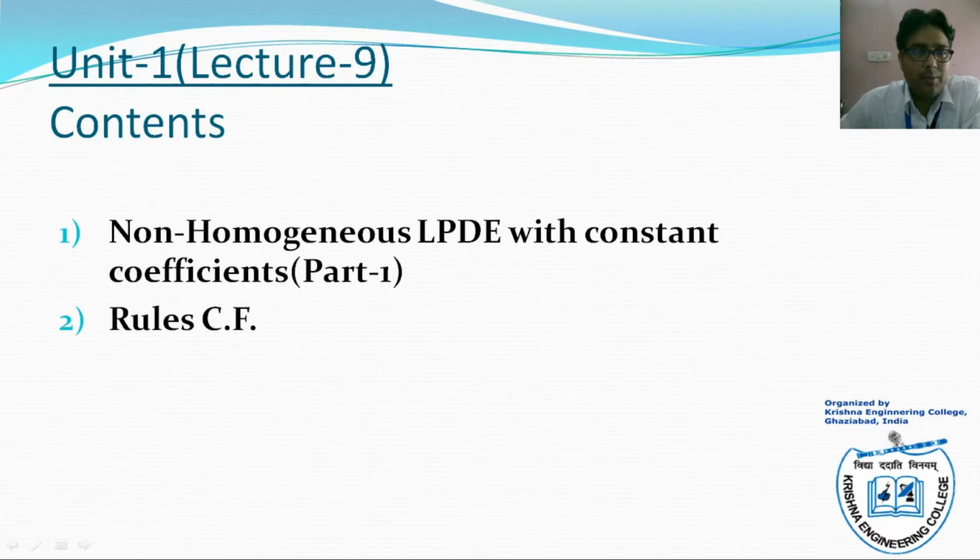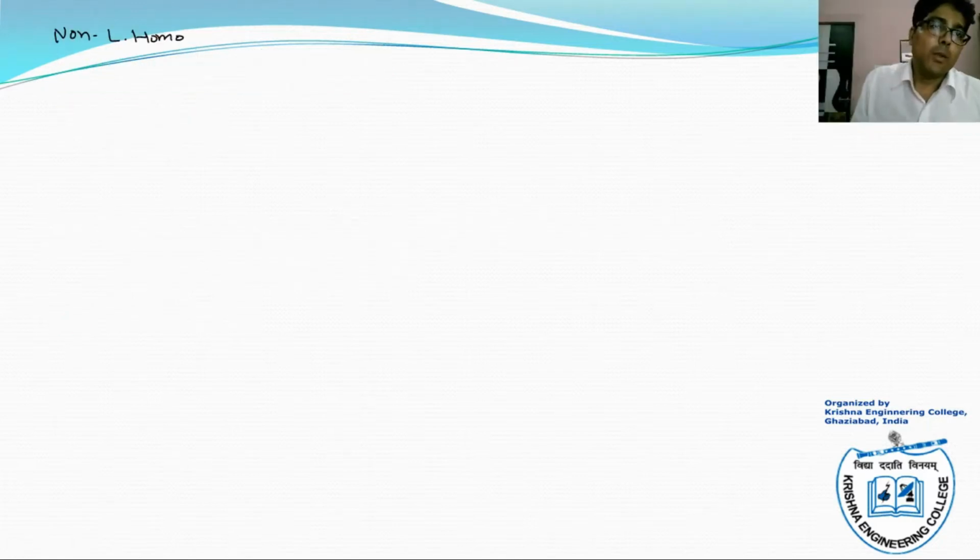In this lecture, we will learn about the non-homogeneous linear partial differential equation with constant coefficient and the rules of CF for reducible or non-reducible, both cases. Clear? What do you mean by non-homogeneous linear partial differential equation?